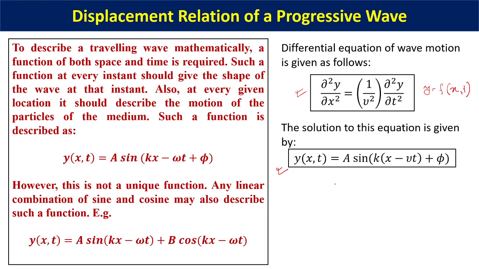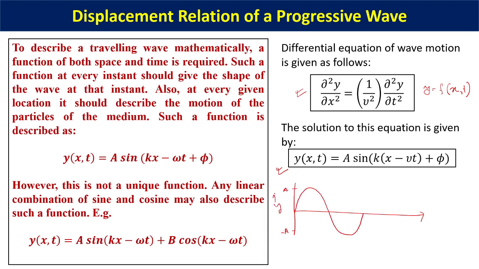So what this relation actually says is, suppose we have a wave passing through a medium. Suppose this is a harmonic wave or harmonic function that we can already see. At any instant of time t, suppose this is the wave which is being represented. Of course, this is the amplitude a, and this is minus a.